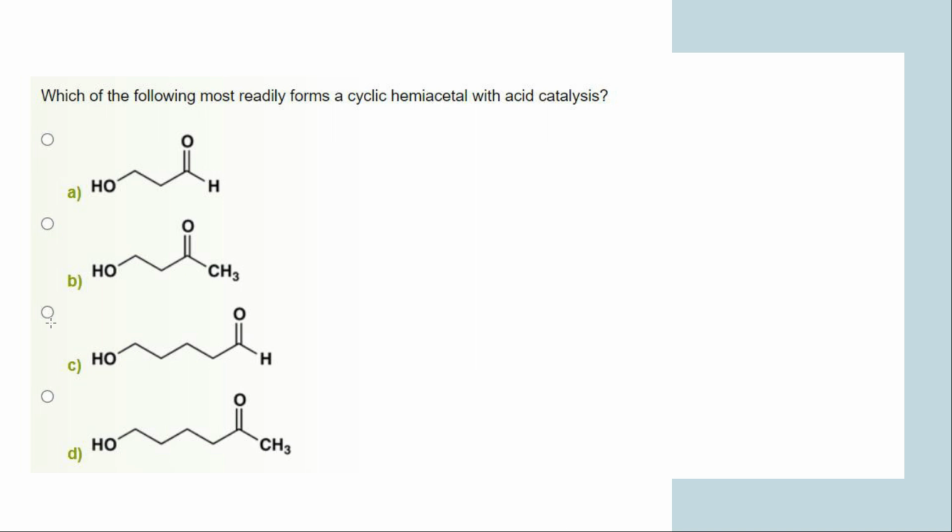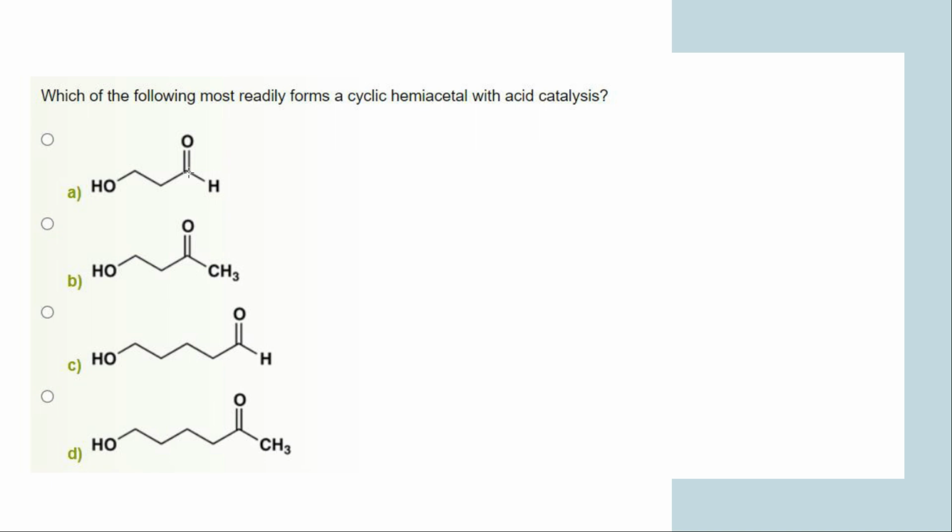Let us look at the ring size that will be formed when these 2 substrates undergo hemiacetal formation. So what will happen in the hemiacetal formation reaction? This lone pair on the oxygen atom will attack at this carbonyl carbon, leading to the formation of an oxyanion, which will be protonated to give you here a hydroxyl group. And now in the product, this O is attached to this carbon atom.